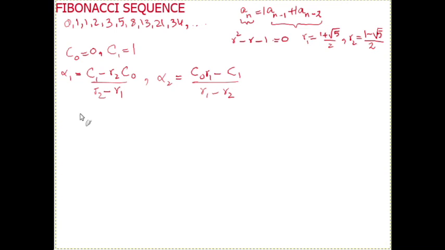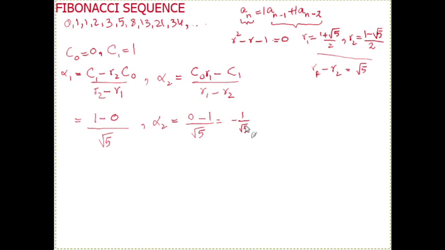Okay, so let's plug in all the values. Our C1 is 1 and our C0 is 0. And R1 minus R2 is equal to root 5. So I get 1 over root 5 here. Similarly, alpha 2 is equal to 0 minus 1 over root 5, which is equal to minus 1 over root 5.